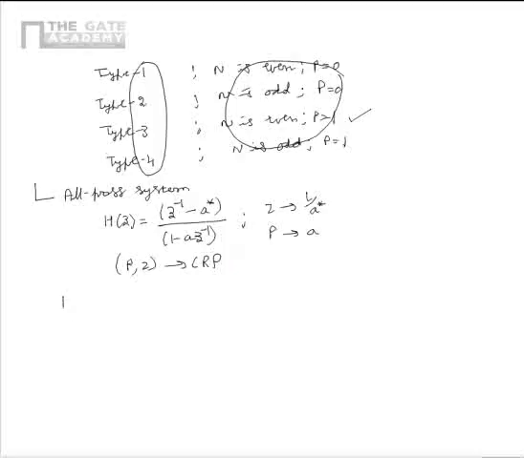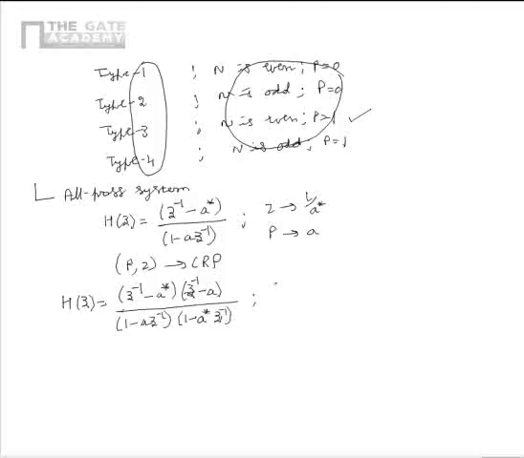If the impulse response of the all pass system is real, then the system function can be written as H of z is equal to (z inverse minus a star) multiplied by (z inverse minus a) divided by (1 minus a z inverse) multiplied by (1 minus a star z inverse).